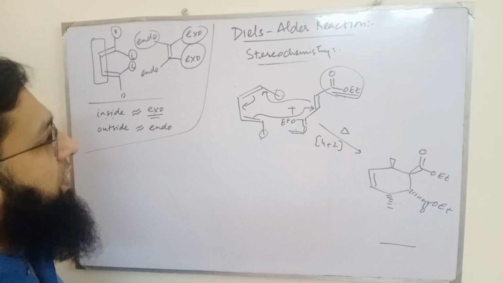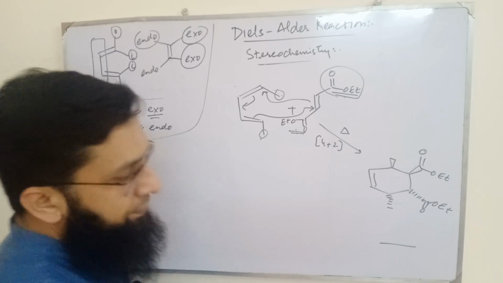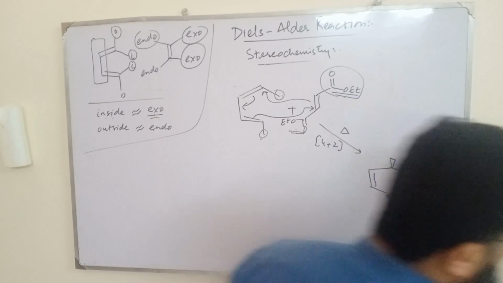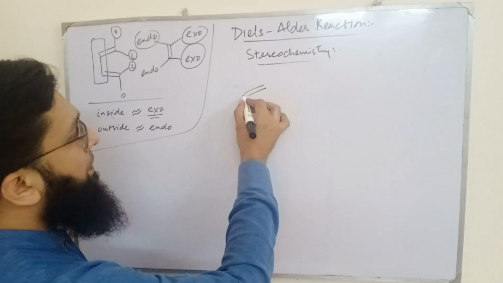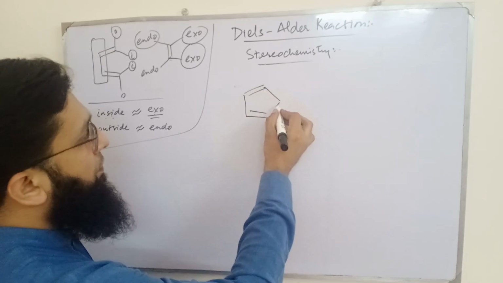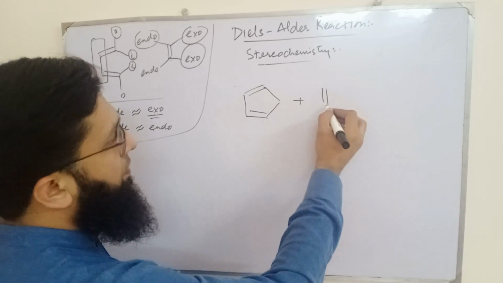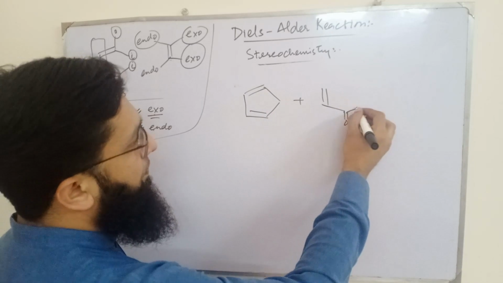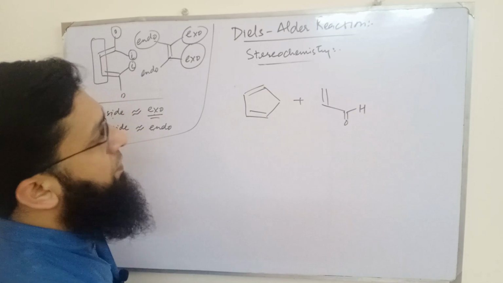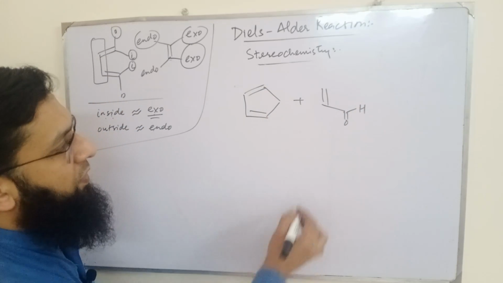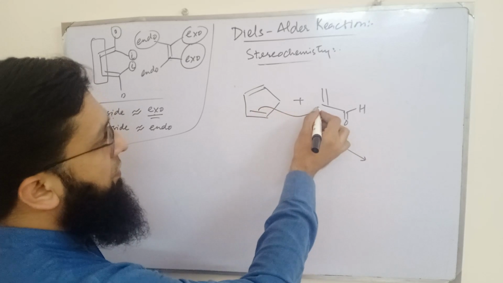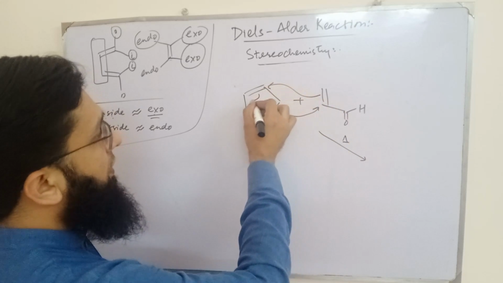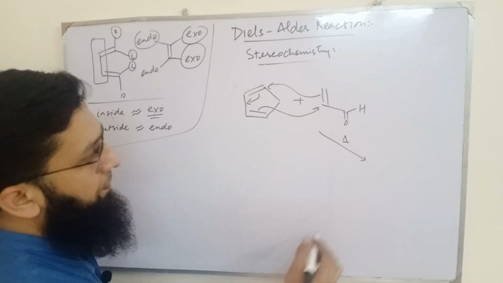Now we see the examples of cyclic dienes. Now if these two reactants are reacted together, this would attack here, this would attack here, this would come here.